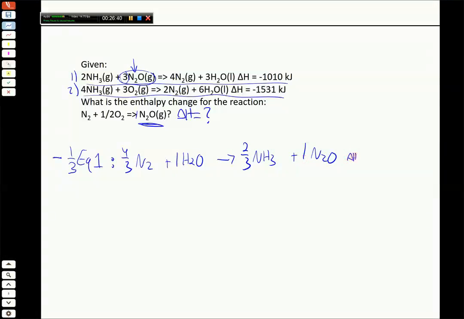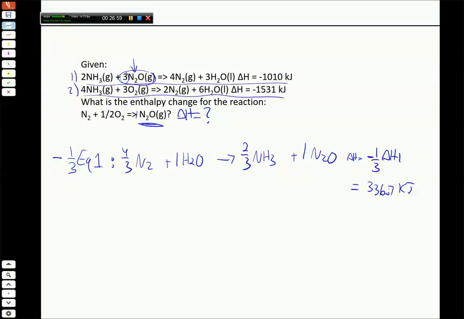And then the delta H for this is going to be minus 1/3 times that first delta H. So that's going to be the first equation, how we modify it, and we modify its delta H.